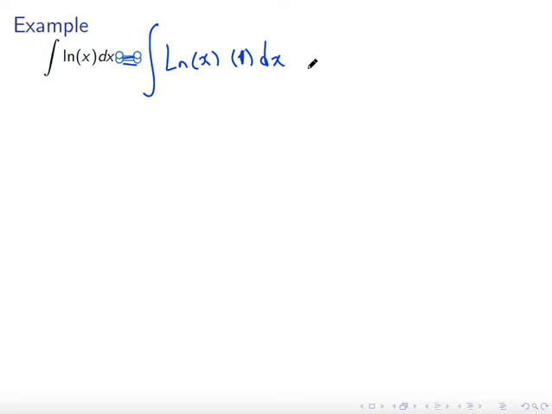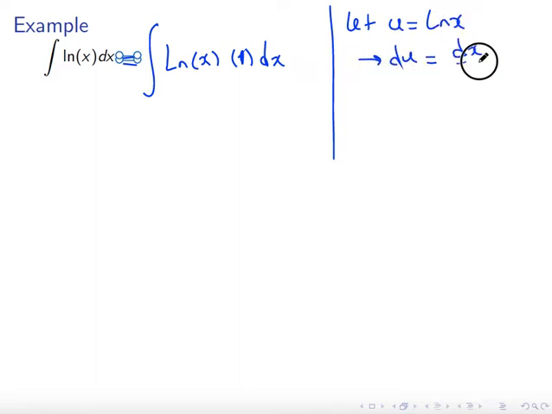The general rule is that you always take dv to be the part which is very easy to find its integral. The part which is very easy to integrate is 1, because if you take dv to be ln of x, we still don't know how to find its integral. So u is the other function. I let u be ln of x, and then I find du, which is going to be dx over x.